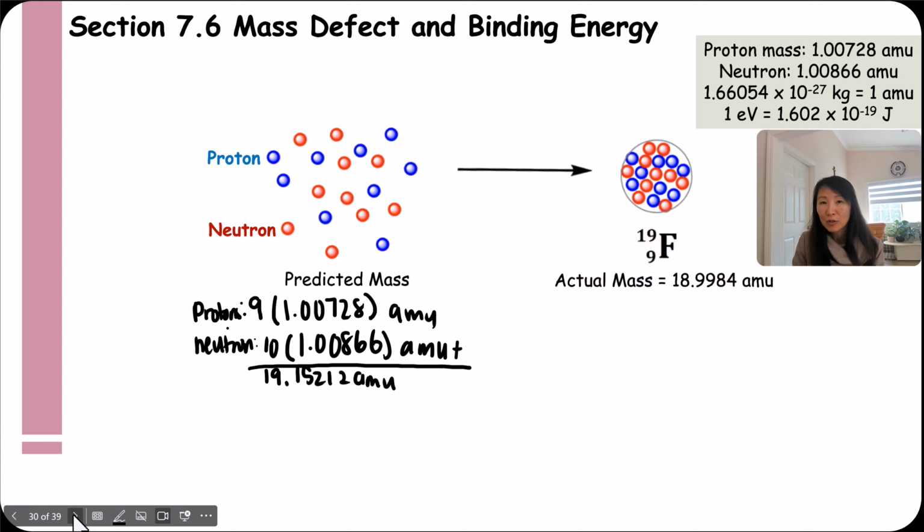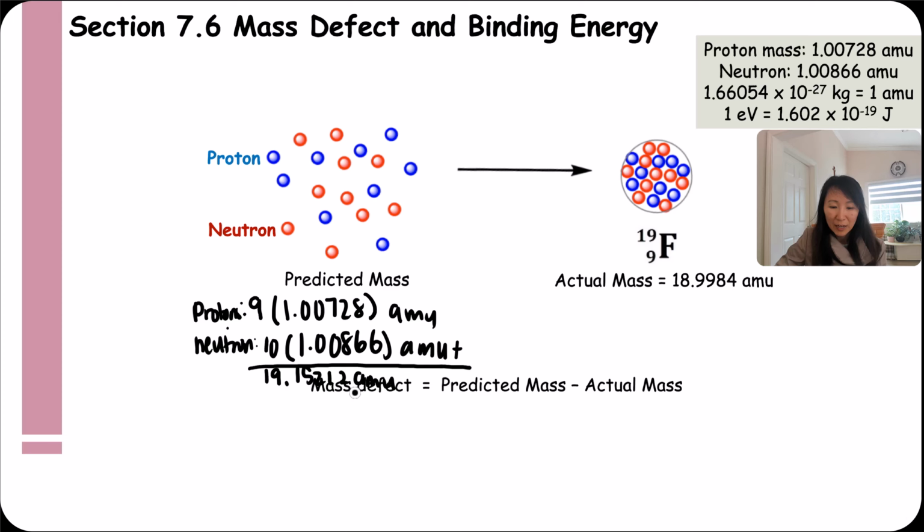However, the actual mass when they come together to form a fluorine is actually a little less, 18.9984. And this is where the concept of the mass defect comes in. Mass defect is equal to the predicted mass minus the actual mass.